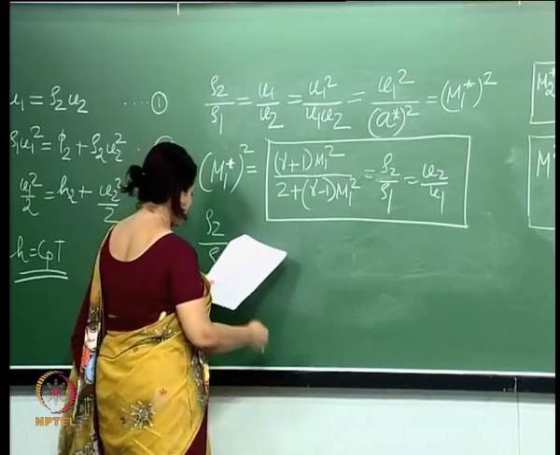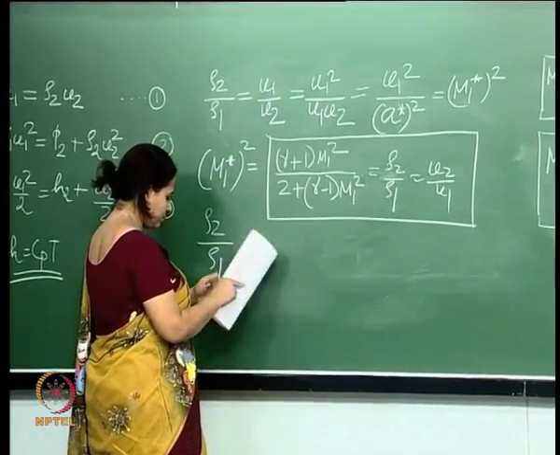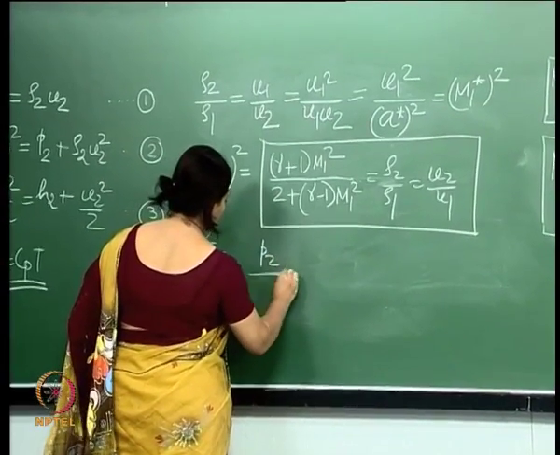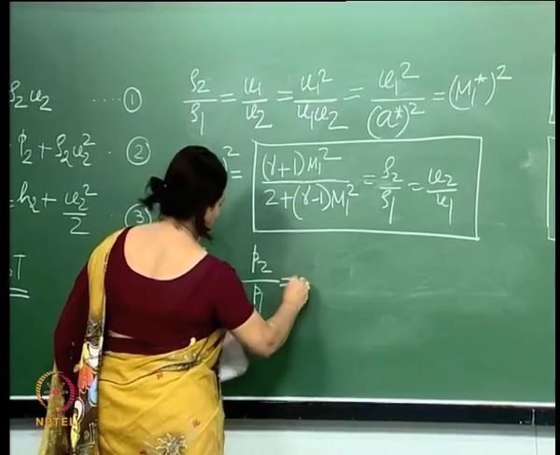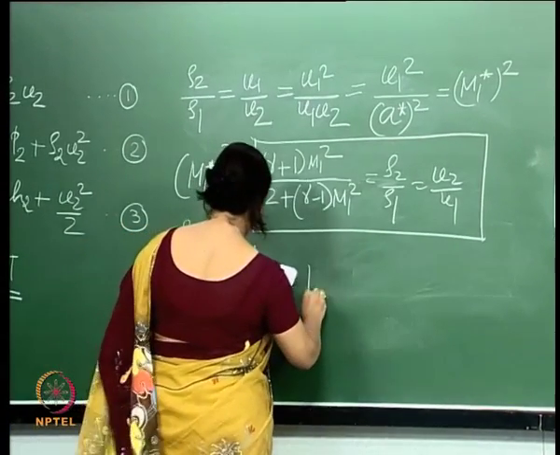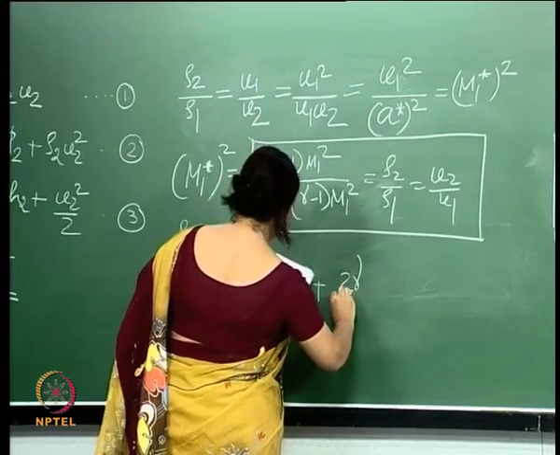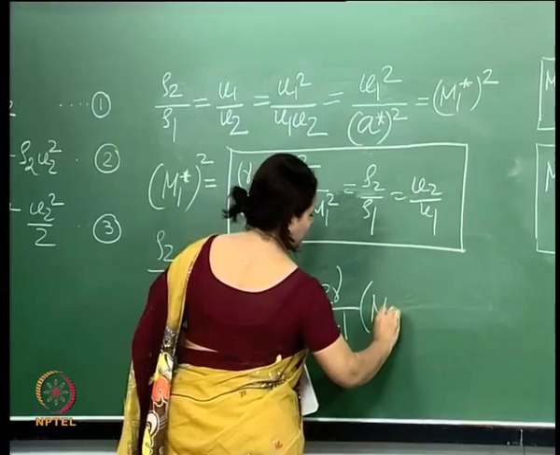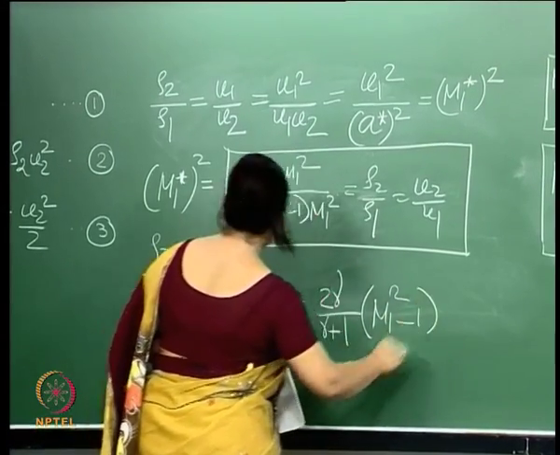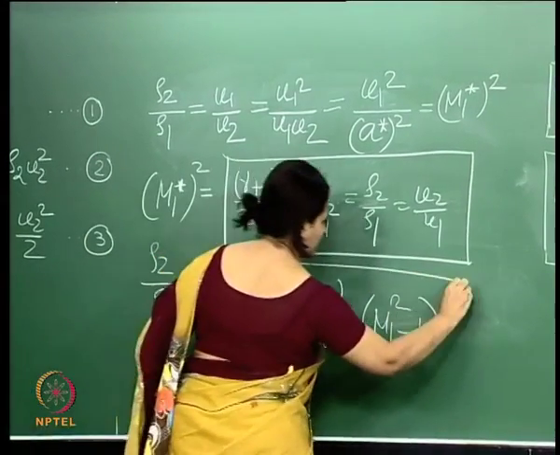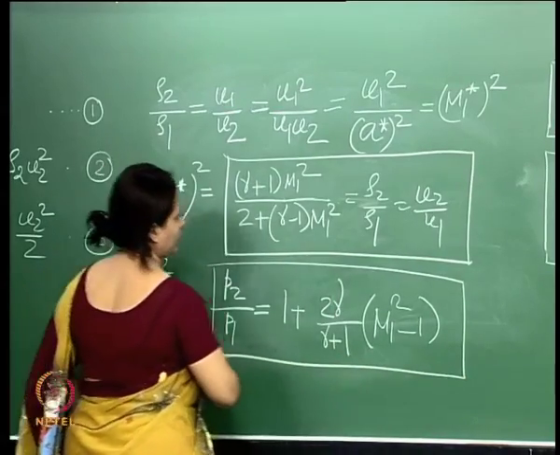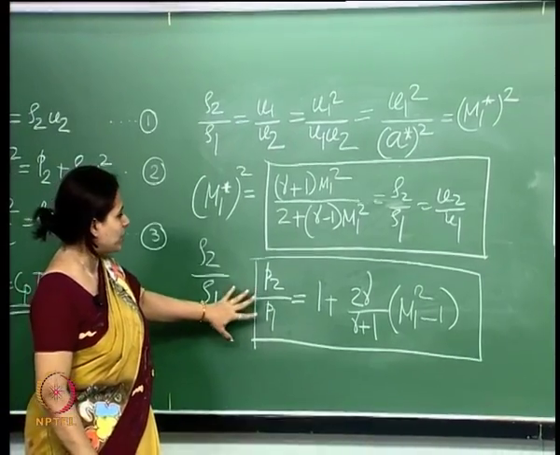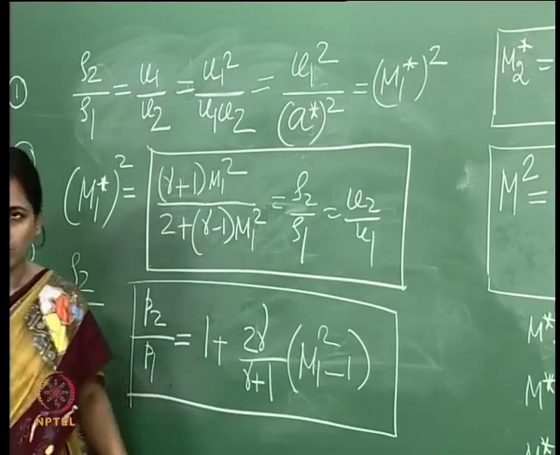Now, P2 by P1 is 1 plus 2 gamma by gamma plus 1. Okay, then this is the relationship of the change in pressures with the incoming Mach number.